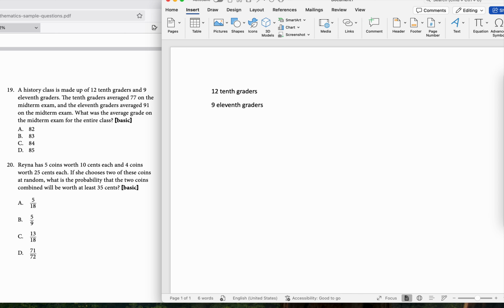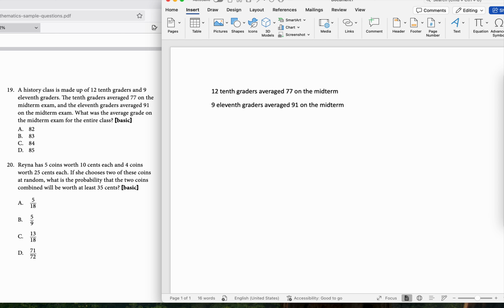The 10th graders averaged 77 on the midterm. The 9 11th graders averaged 91 on the midterm. So what was the average grade of the midterm exam for the entire class?